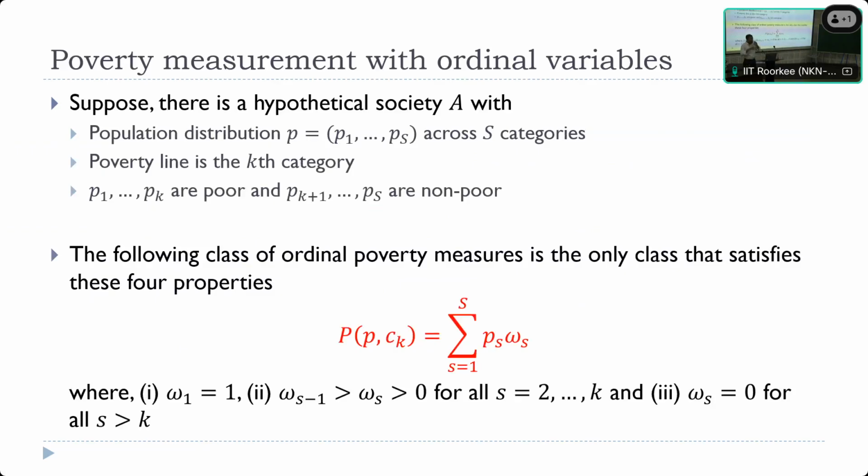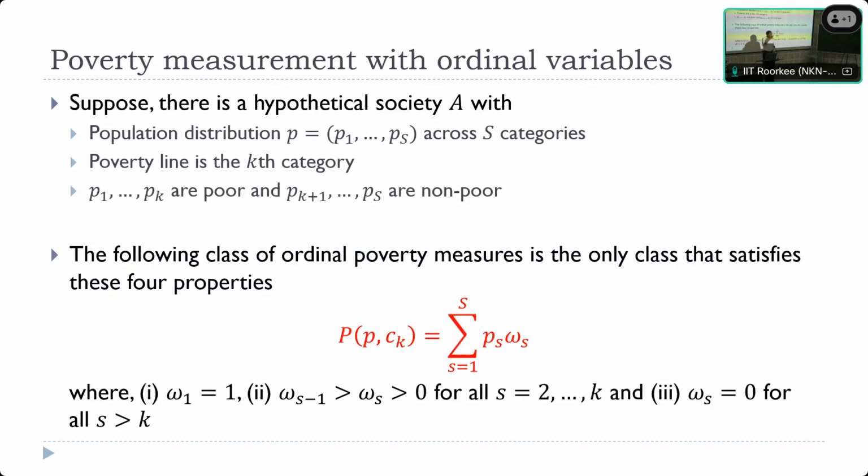Now, if those properties are satisfied, this is how it works. We have the population distribution given by P1 to PS, that means the proportion of population in each category. This is what we already know, given to us. The poverty line, suppose, is the Kth category.